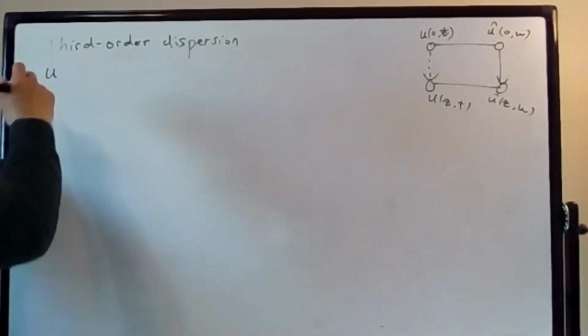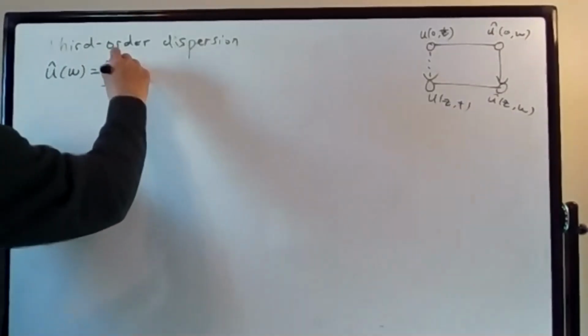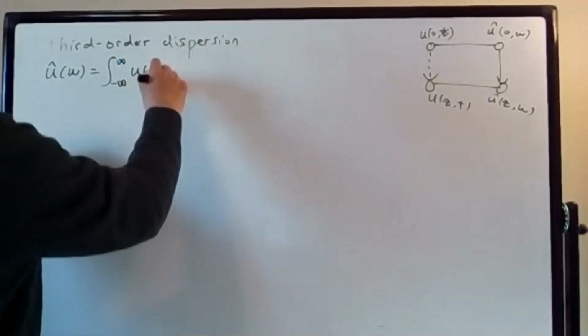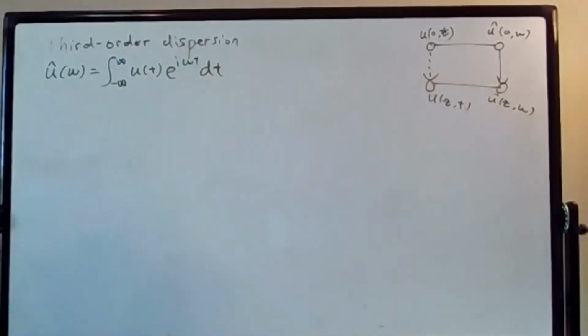First, let's look at u tilde omega, which is the integral from negative infinity to infinity of u t exponential i omega t dt. That's the Fourier transform.